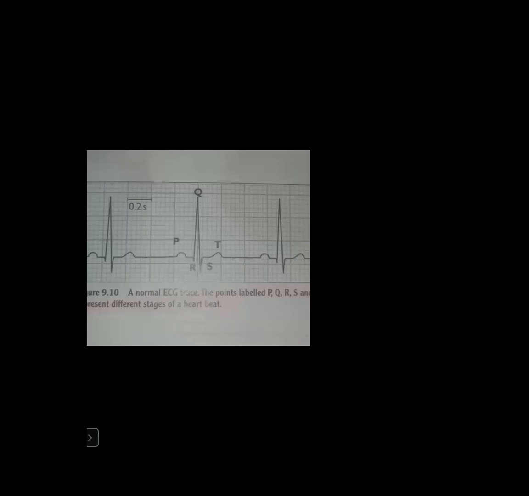Now, there's a question at the end of this topic in your book of calculating the heart rate using this graph, using this picture. They have given a scale that one big box represents 0.2 seconds. So using this scale, you can calculate the time interval between two consecutive ventricular contractions.